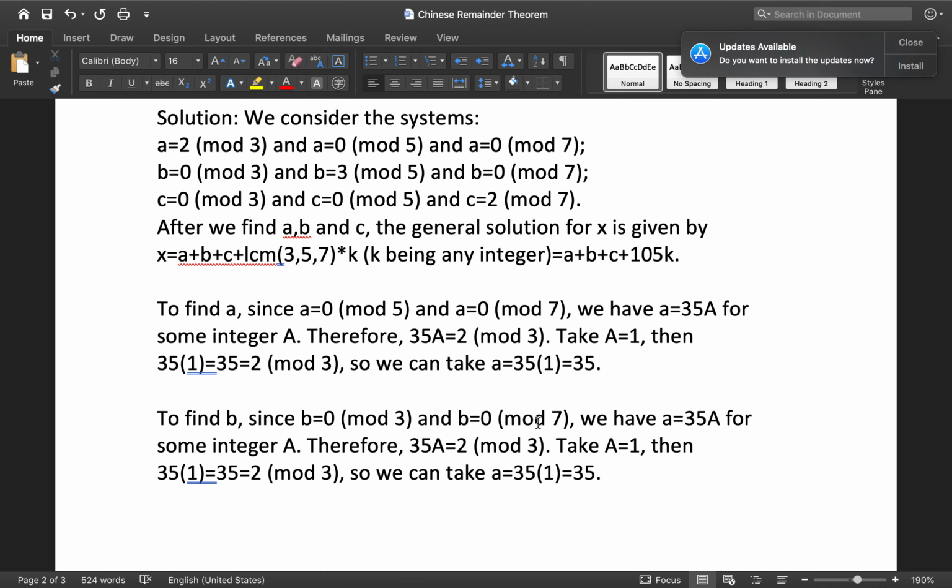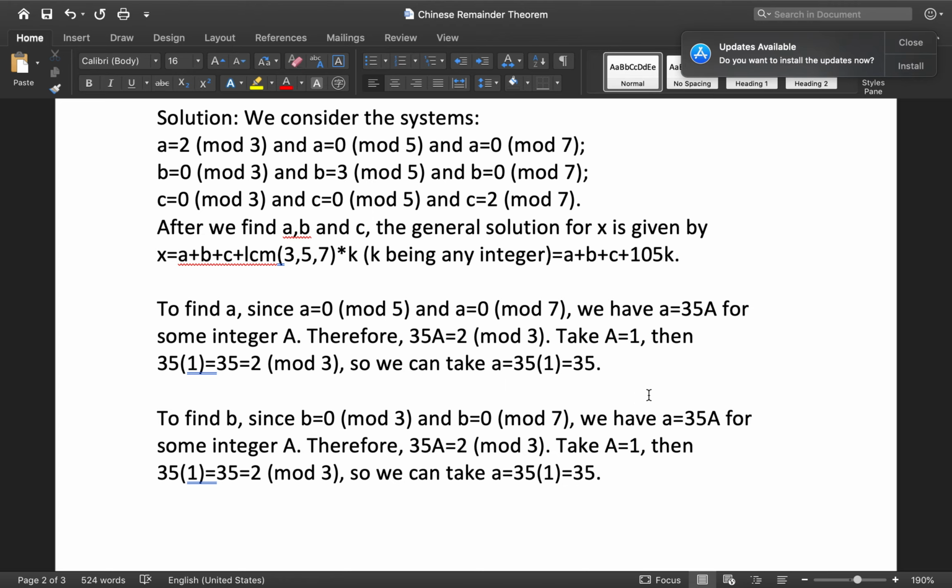Actually we have these two equations which are 0. Every time we just look for those equations which are congruent to 0, because that will give you a very simple form for the number.